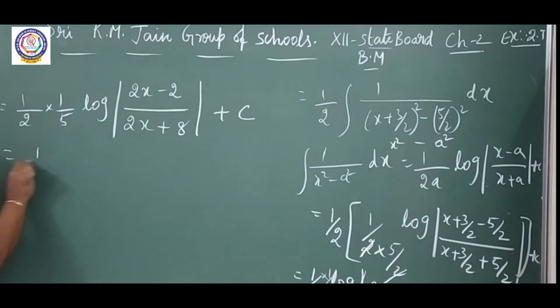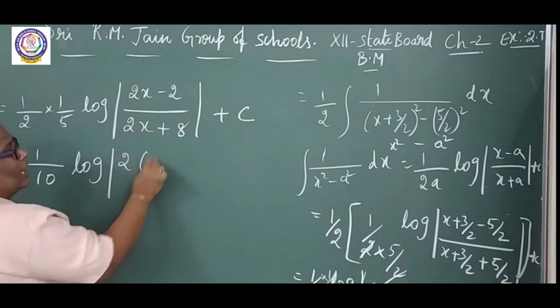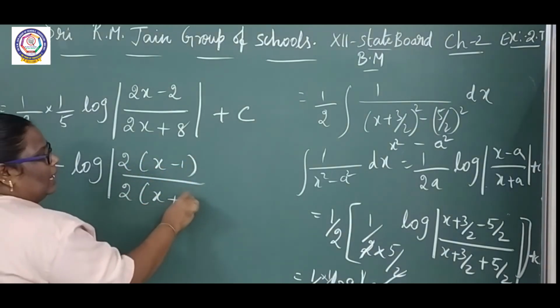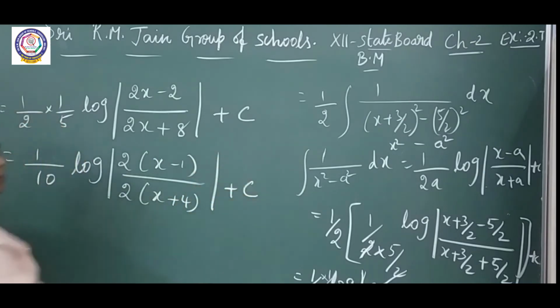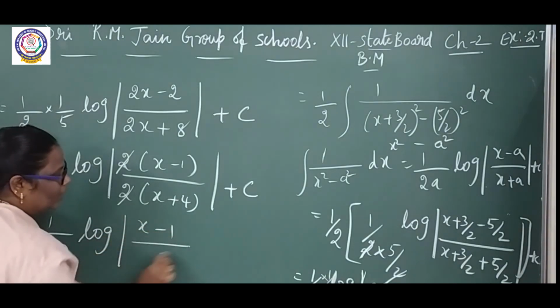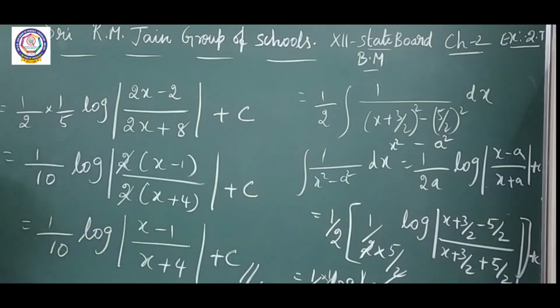So, it gives 1 by 10 log of modulus of, 2 you can take it out, x minus 1 by 2 into x plus 4 plus c. 2 get cancel. So, 1 by 10 log of modulus of x minus 1 by x plus 4 plus c.